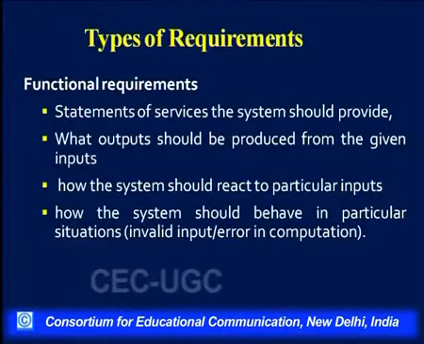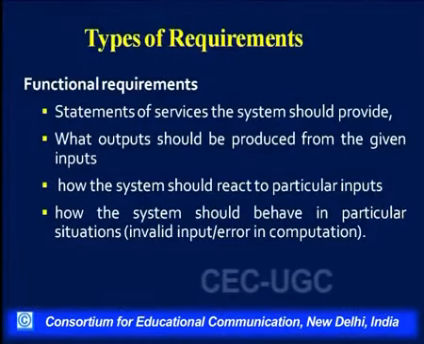So the first type of requirements are the functional requirements. These are statements of services, what the system should do. Basically it talks about the input which the system will take and the output that the system will produce when the input is given.